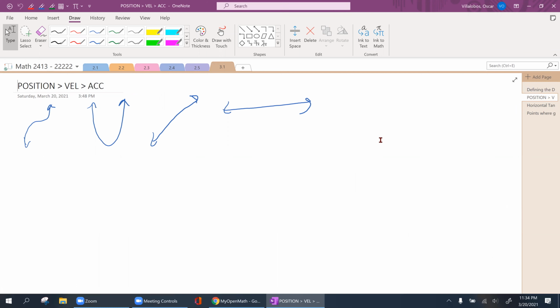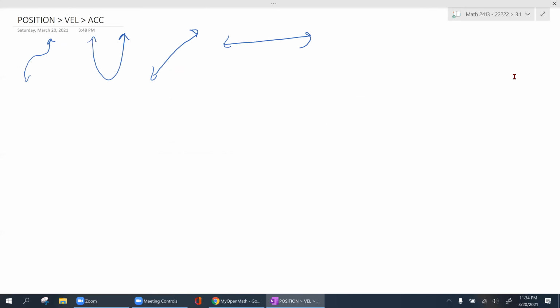There were a few things I wanted to cover when we're talking about derivatives, especially whenever physics problems start coming up. I need us to remember this, and it's going to be very important to write down.